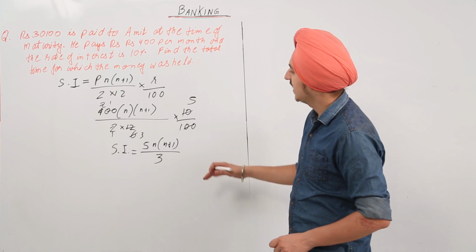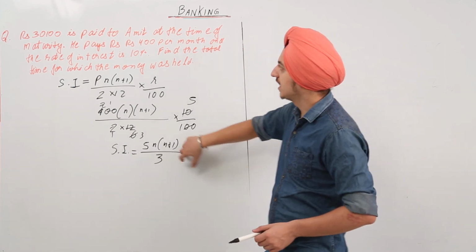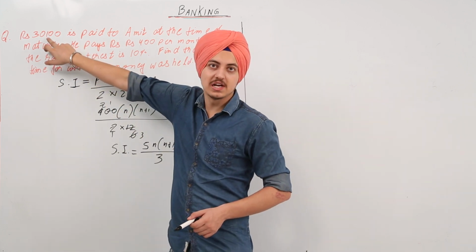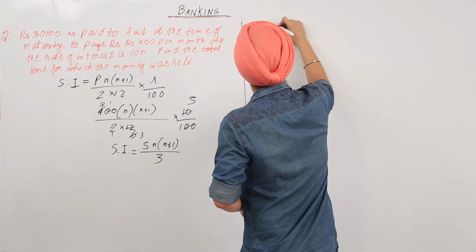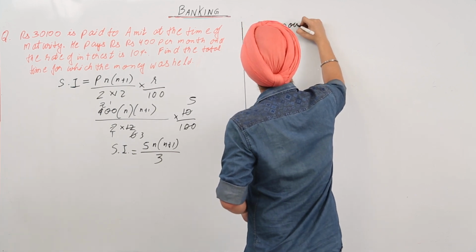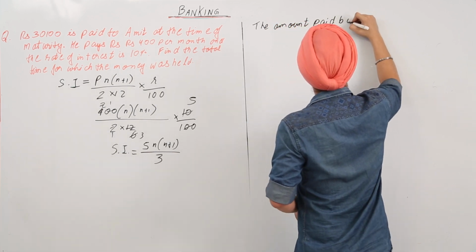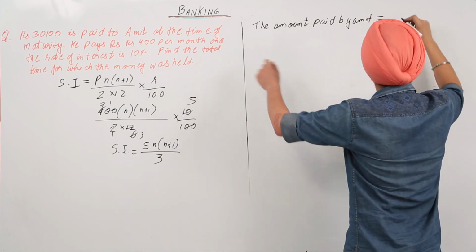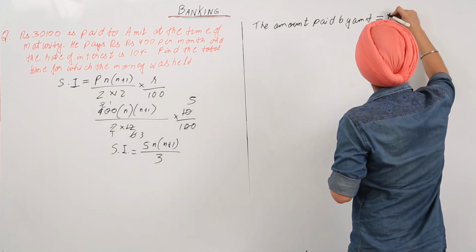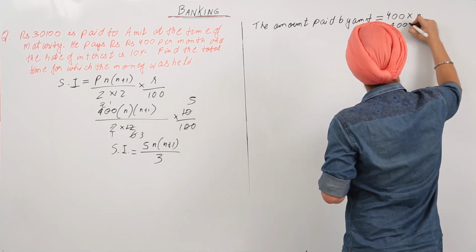Now if we calculate the total amount paid, we will be able to equate it with this value, that is the maturity value. So the amount paid by Amit over the months is equal to 400 into N, that is 400N.